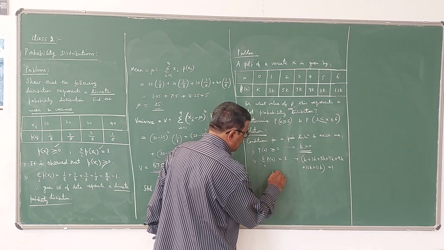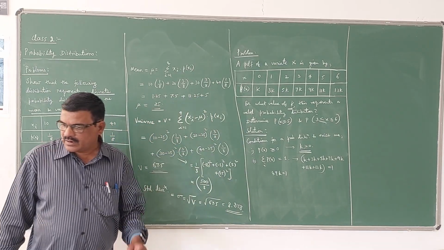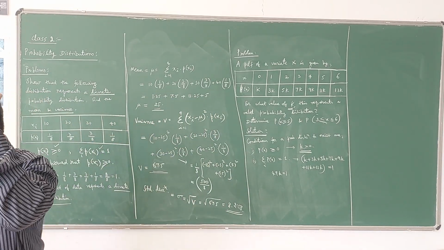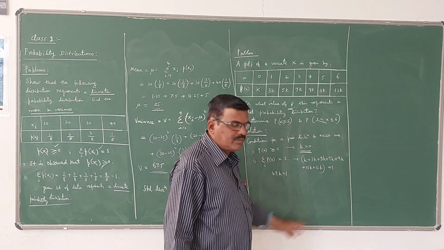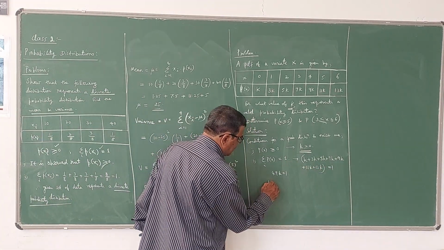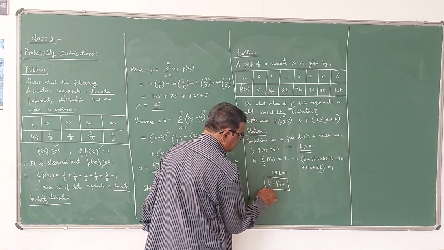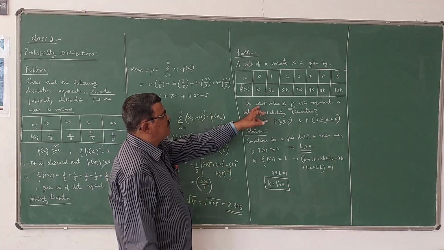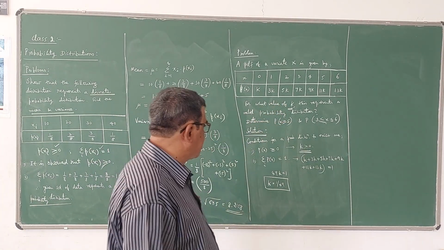So 49k is equal to 1. Correct? Then k is equal to 1 by 49. This is the value. So the first part of the problem is over: for what value of k it represents a distribution function.